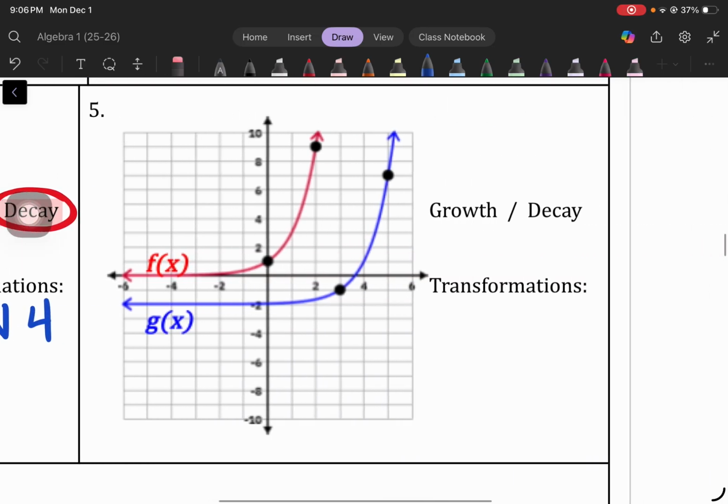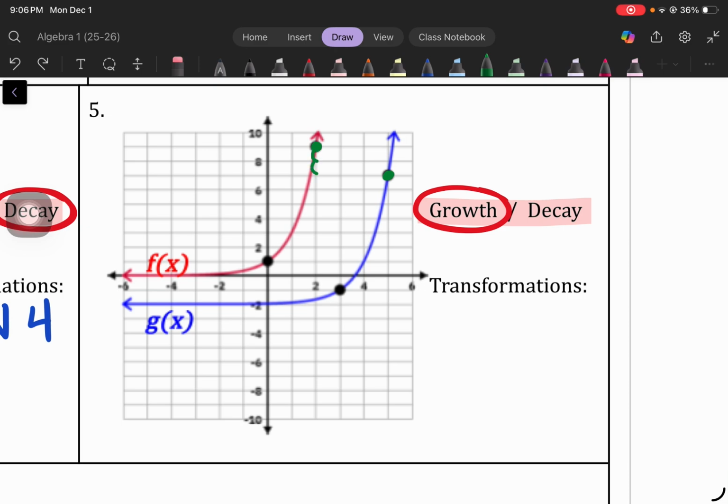Number 5, notice that both of these look like they're going up in a growth formation. So looking at f of x, we had a growth first. Okay? We're just going to check from each dot. So how did I go from this dot to this dot? Well, I went down 2, and it's kind of going to remind us of slope.